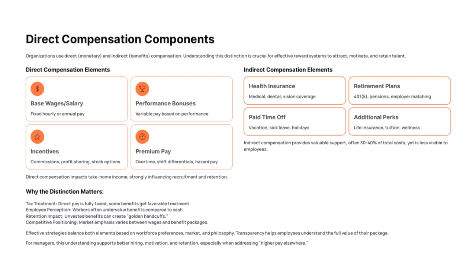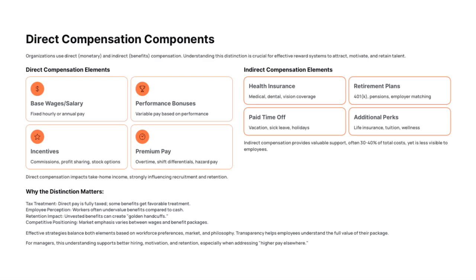On the other hand, direct compensation directly impacts the employee's take-home income. This includes wages, overtime, shift differentials, hazard pay, commissions, profit sharing, stock options, and performance bonuses. These elements are crucial because they influence recruitment and retention more immediately.